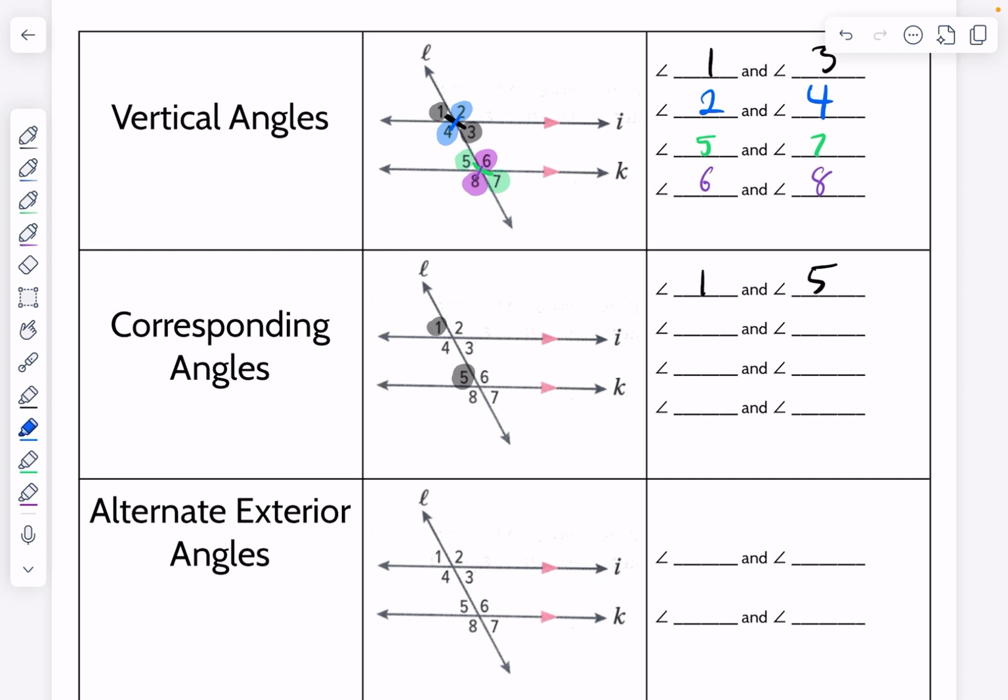Let's do 2. 2 corresponds with angle 6. Similarly, angle 3 corresponds with angle 7. And angle 4 corresponds with angle 8.